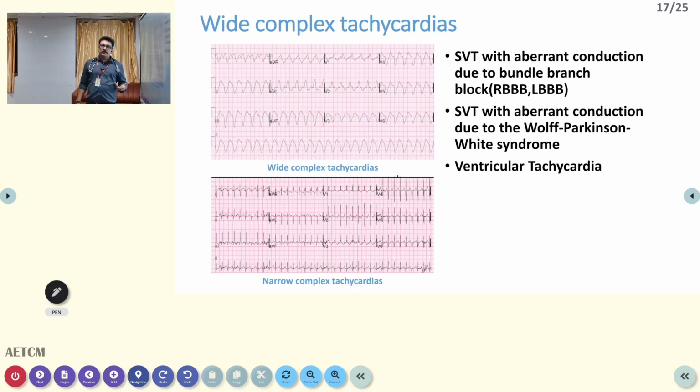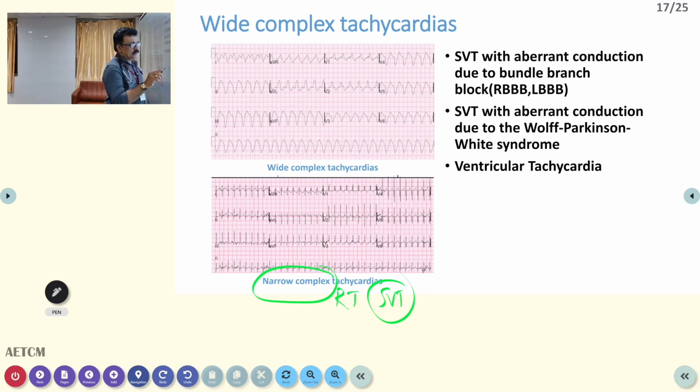Now wide complex tachycardia. Previously we have seen narrow complex regular tachycardia, that is SVT. But here, what is happening? The QRS complexes are wide. It is due to an existing aberrancy in the conduction system.